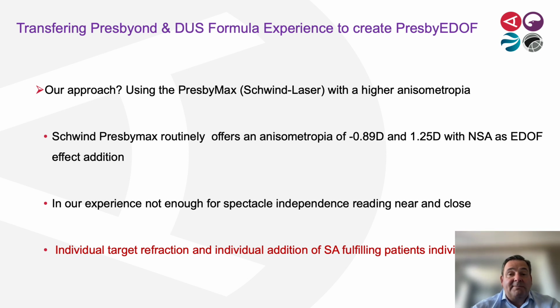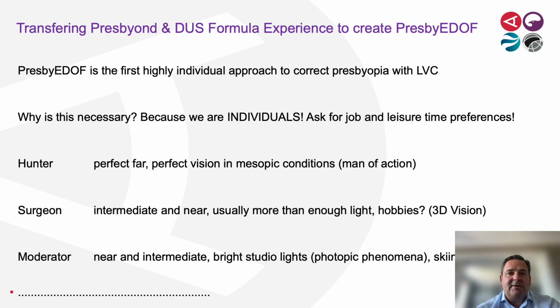In our experience, that was not enough for high spectacle independence, especially when reading near and close. So what I did, I changed and said, okay, let's do an individual target refraction according to the patient's needs, and also an individual additional spherical aberration according to the patient's needs, because our patients are all individuals.